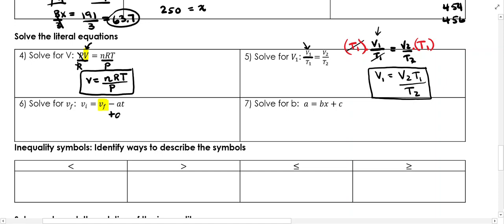We do addition. All right, these cancel. But over here on the left-hand side, VI plus AT, they're not like terms, so we can't combine them. So we have to leave them separate. And that's going to be our final velocity.